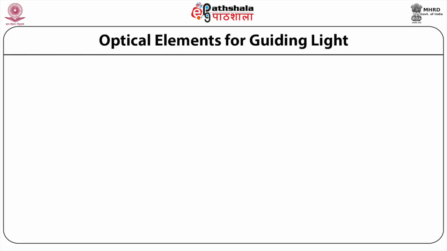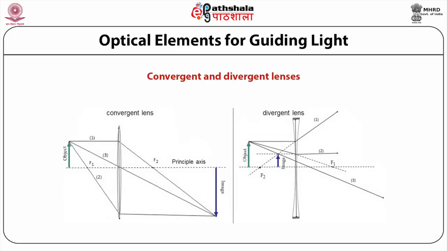So the lenses can be of two types. One is of the convergent type and the second one is of the divergent type. In the first type, which is the convergent lens, light coming from infinity, meaning light which is nearly parallel to the optical axis or the principal axis of the lens, after passing through the lens, passes through the focal point of the lens.